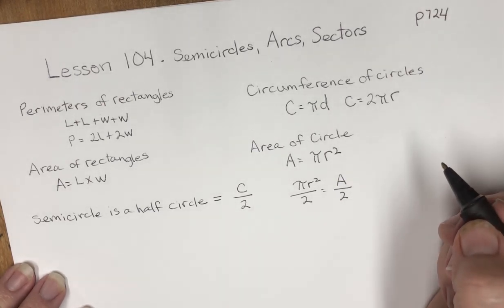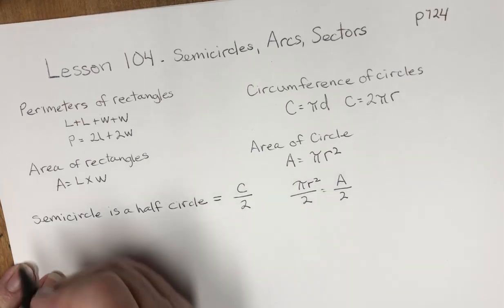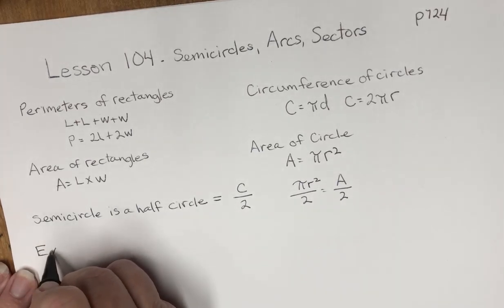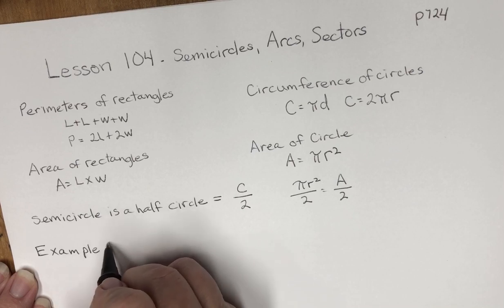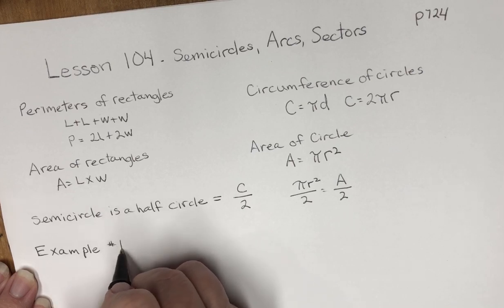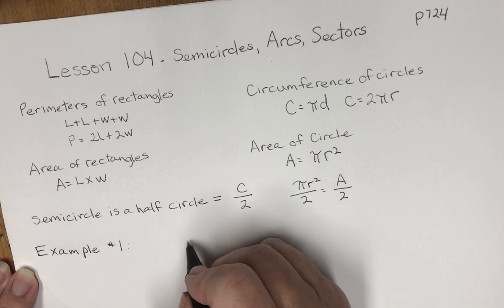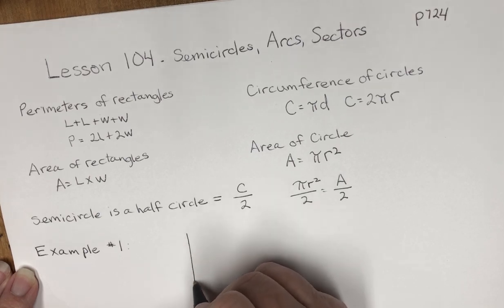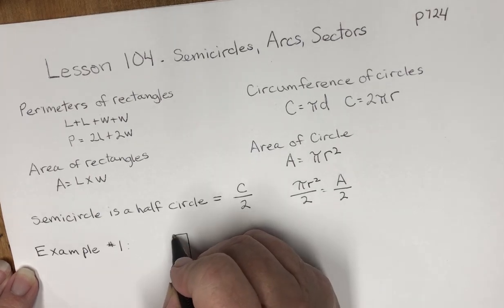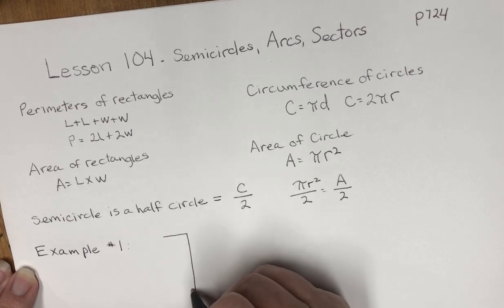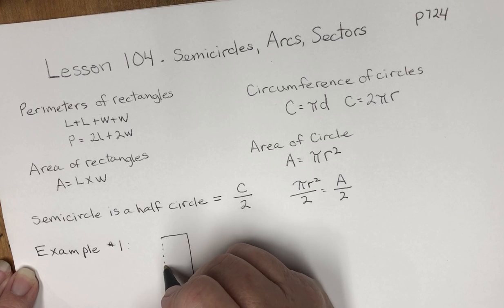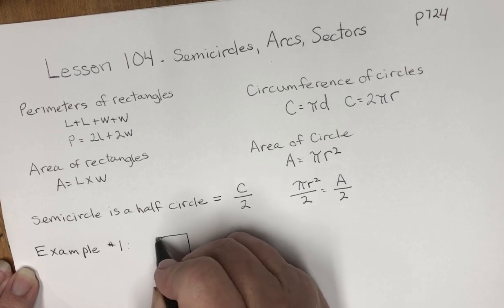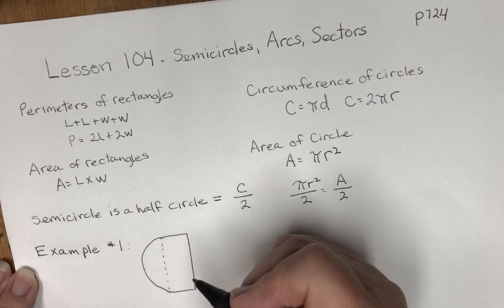Now let's start with example 1. They give us a drawing, and it's actually 2 pieces. We're going to separate into 2 pieces anyway. This is what our drawing looks like, sort of.